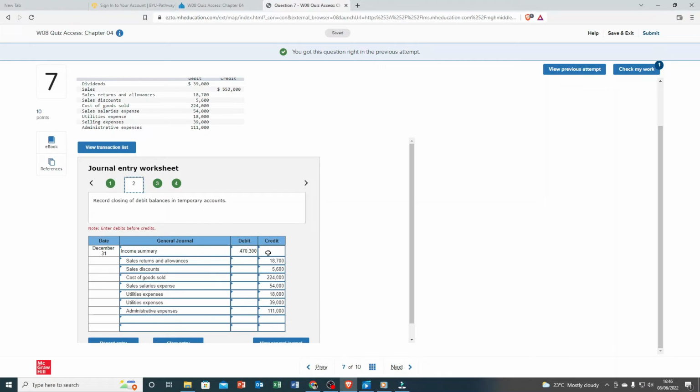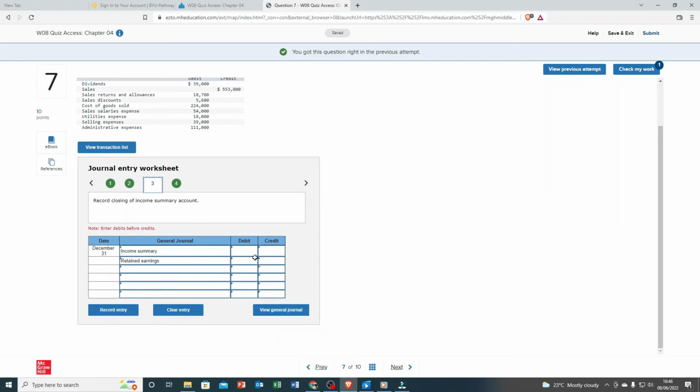To get it, we take the sales amount and subtract the income summary from the temporary account here, and if we subtract, we get this figure here, 82,700, for retained earnings.